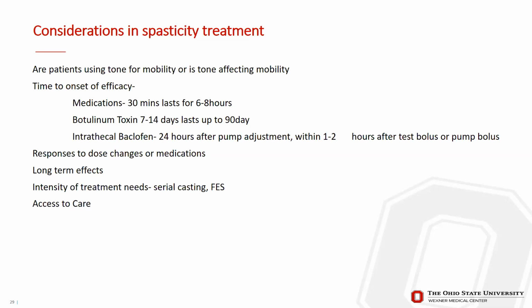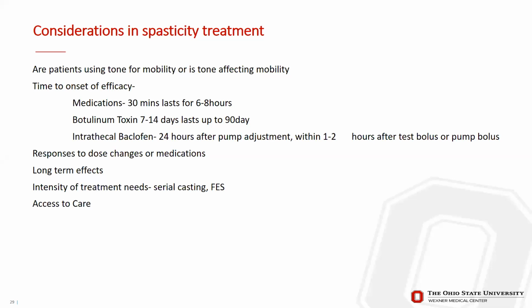Intrathecal baclofen, 24 hours after a pump is adjusted and within 1 or 2 hours after a test bolus, you can have effectiveness. You want to look at responses to dose changes in medications, long-term effects, and intensity of the treatment needs after whatever interventions, so serial casting, dynamic splinting, functional electrical stim, and access to care.